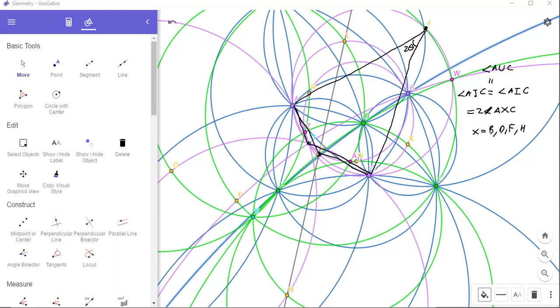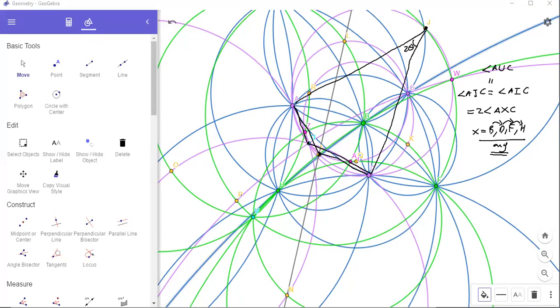So the angle AUC is just 2 times AXC, where X can be any. That's the most important bit. We could use any of these to represent it, and we could exchange this with any of the other 4 green points, and that's still fine. So that's what we're going to make use of to show what we want.